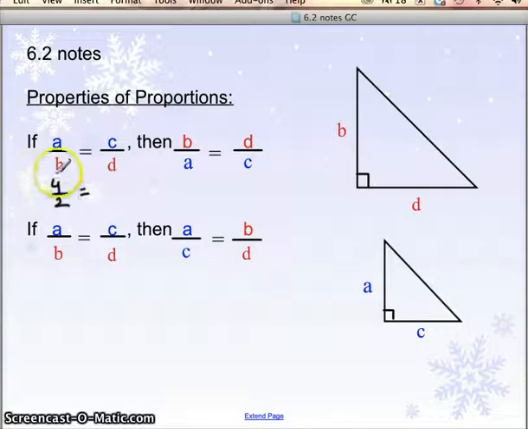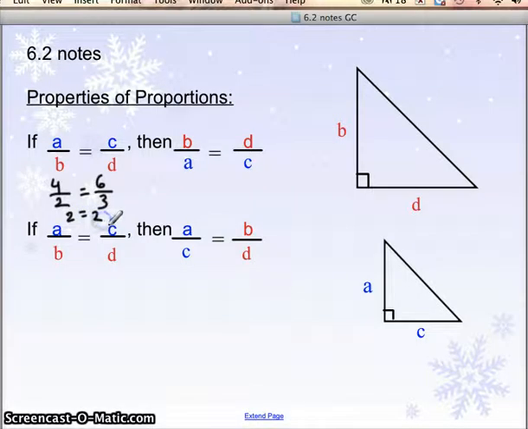Okay, so 4 divided by 2 is 2. Whatever numbers I choose for this, they also have to divide to equal 2. So I'm going to do 6 over 3, because that also divides to equal 2. So that's a true statement. 4 divided by 2 is 2. 6 divided by 3 is 2. It works out that 2 equals 2.